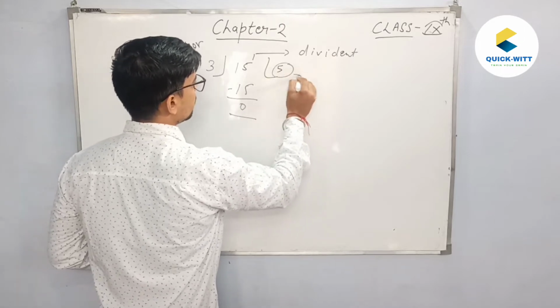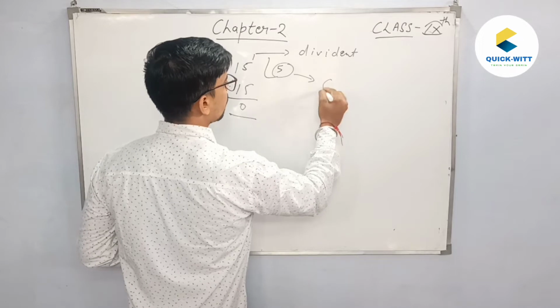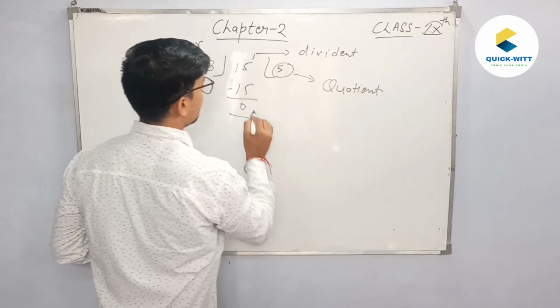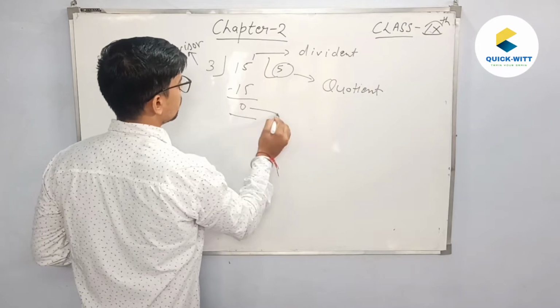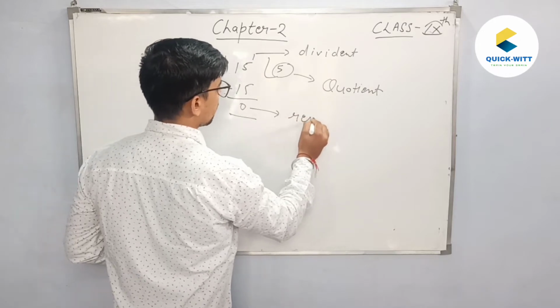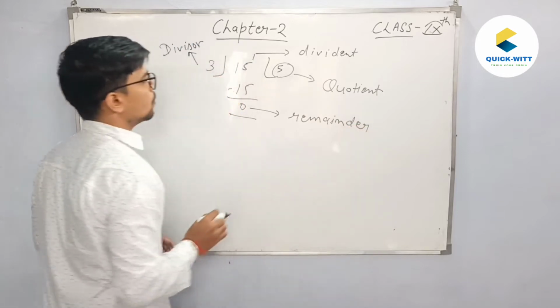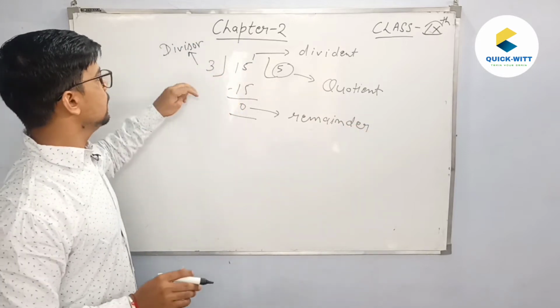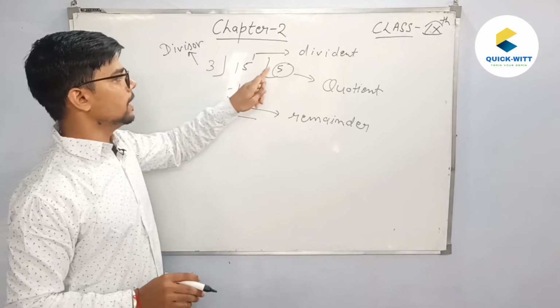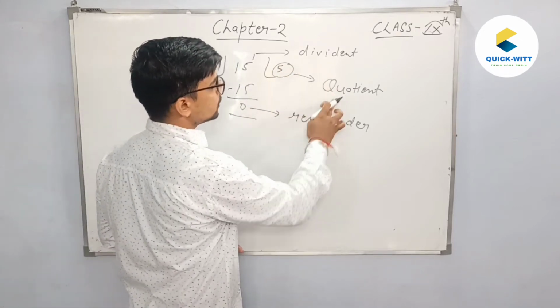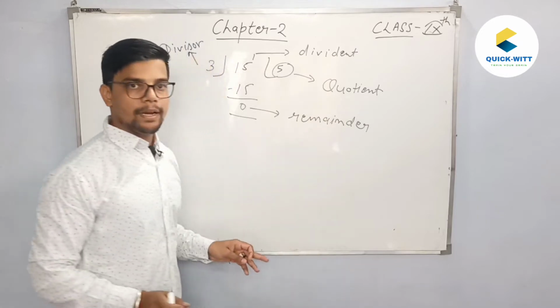Here 5 will be quotient and 0 will be remainder. So you can see here 3 is divisor, 15 is dividend, 5 is quotient and 0 is remainder.